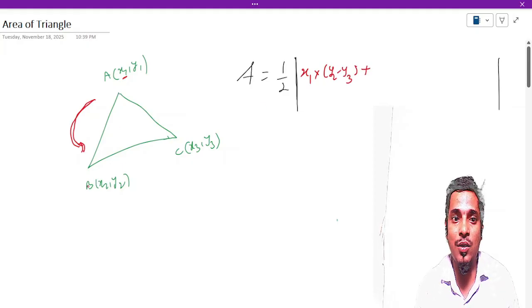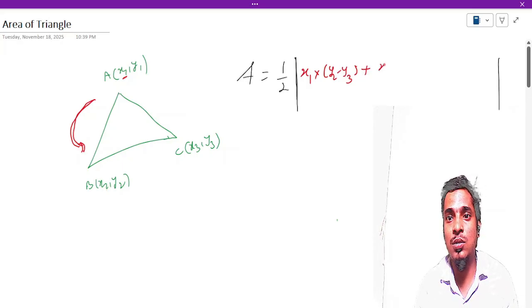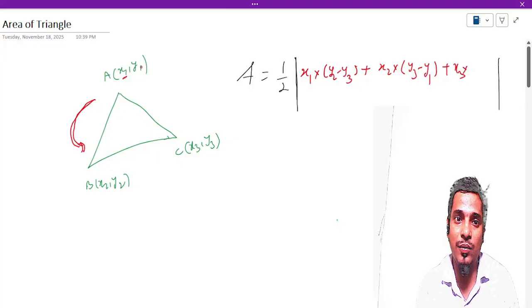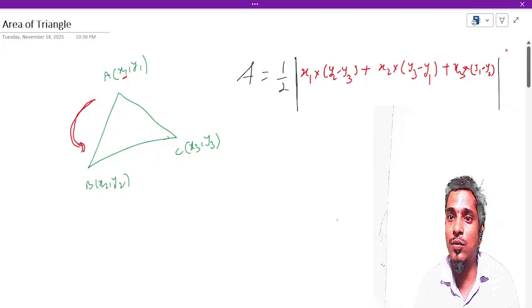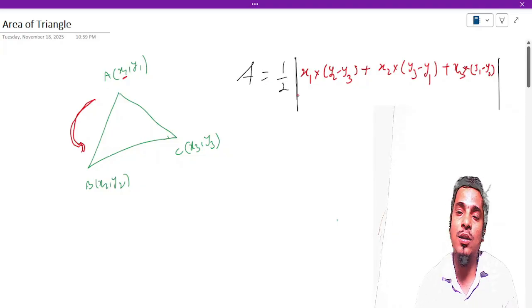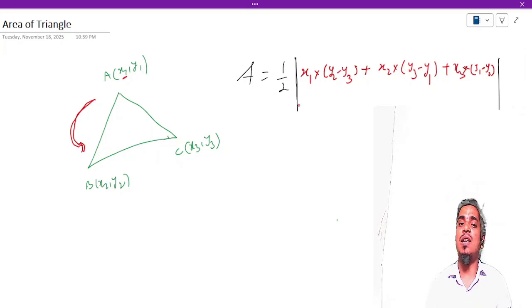Then the same way for x2, the next y coordinates: y3 minus y1. Plus x3 multiplied by y1 minus y2. And for all this, we have to take the absolute value. So this is the formula for finding the area of a triangle when the three vertices are given.